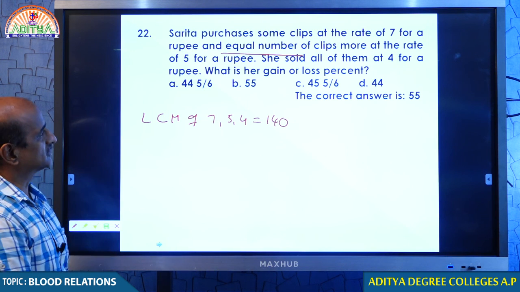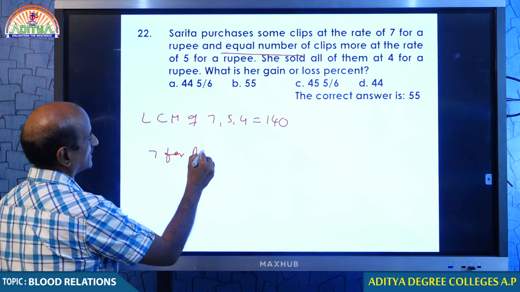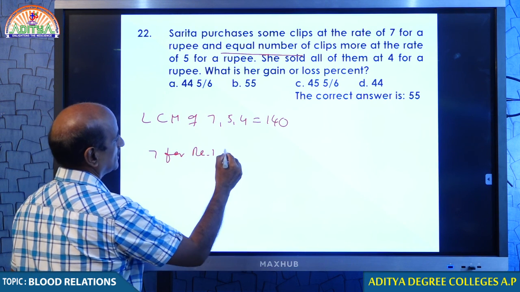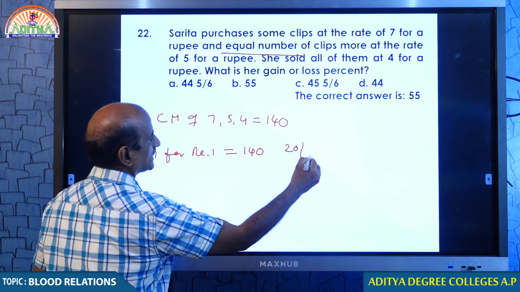Ready? Now come on, students. At the rate of 7 for a rupee, to get 140 you need to spend 20 rupees.